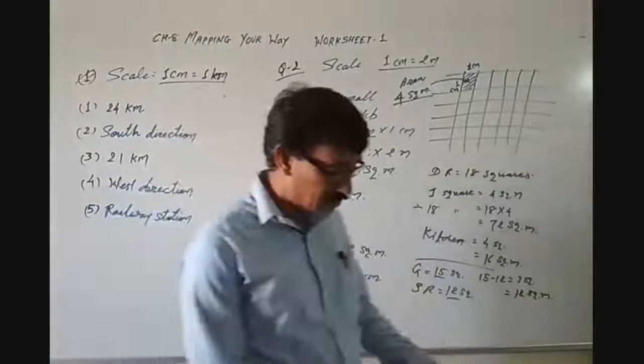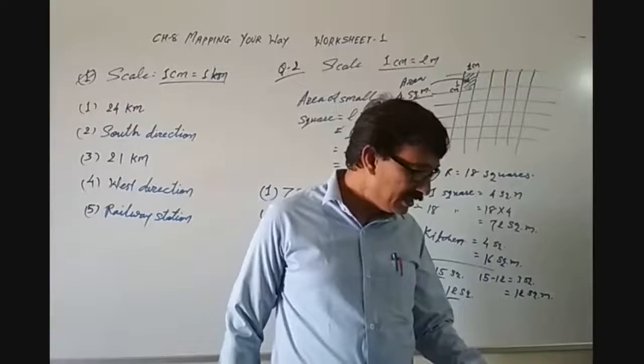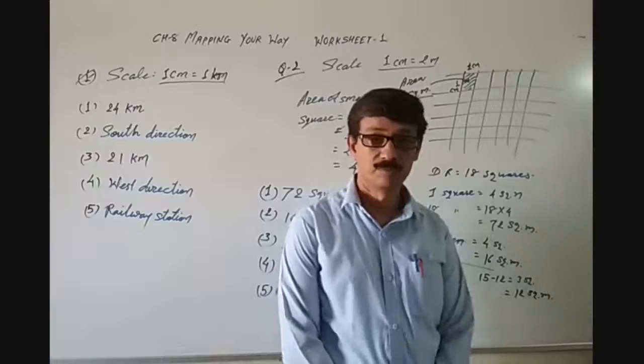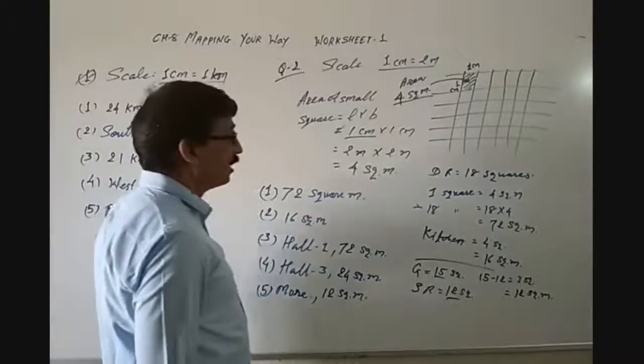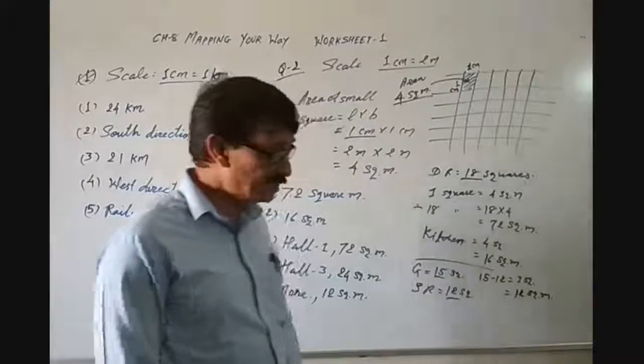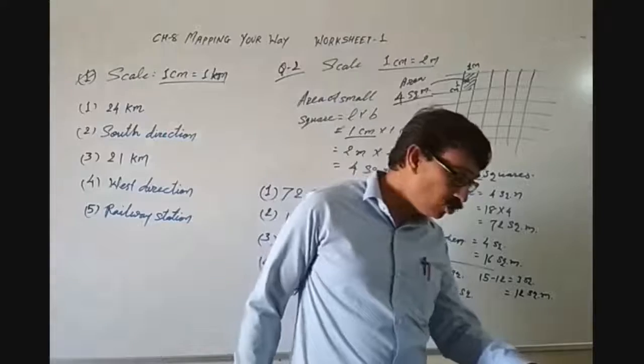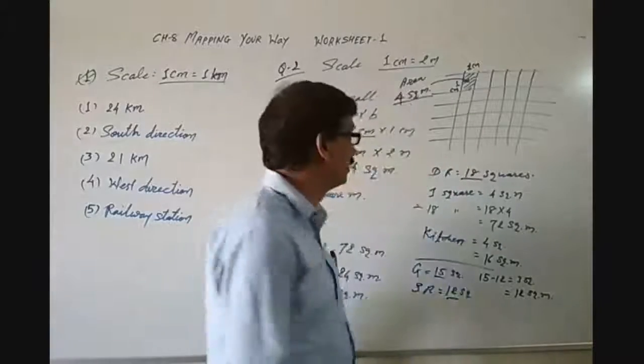And now the last: how much more is the area of the drawing room than the area of the bathroom? The area of the drawing room is 18 small squares, and the bathroom is only 4 squares.